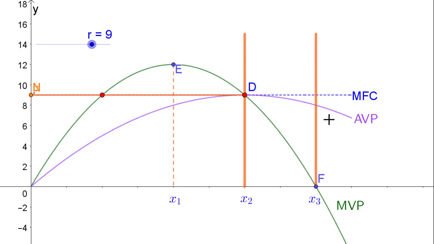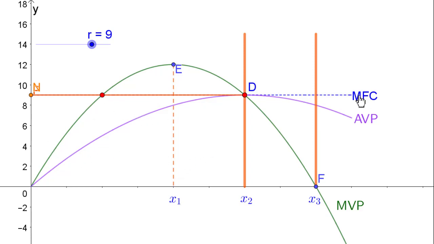And if you still remember the definition of AVP, it is actually TVP over X. So the region surrounded by the origin, X2, D, and this point is actually your TVP.